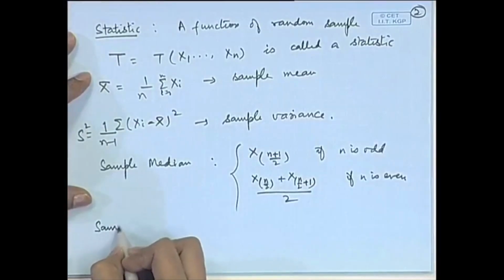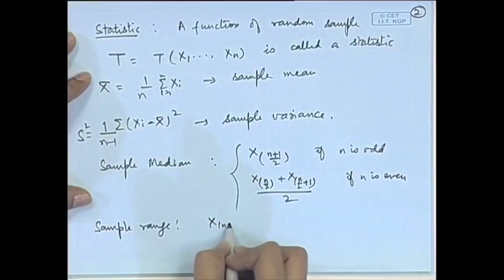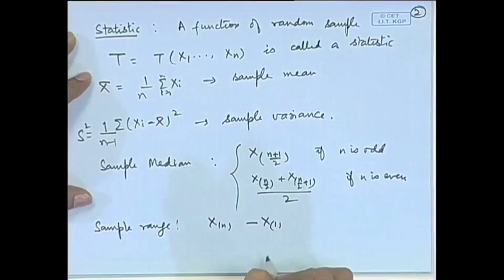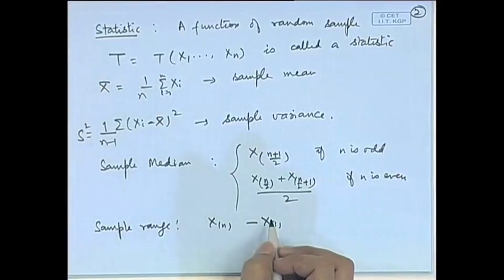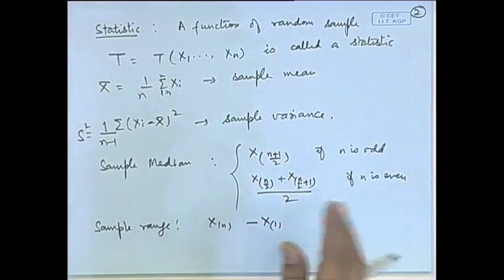We may consider the sample range, the difference between the largest and the smallest. These are examples of statistics, and when dealing with a sample we are interested in these characteristics, and therefore in their distributions. The distributions of these statistics are known as sampling distributions.